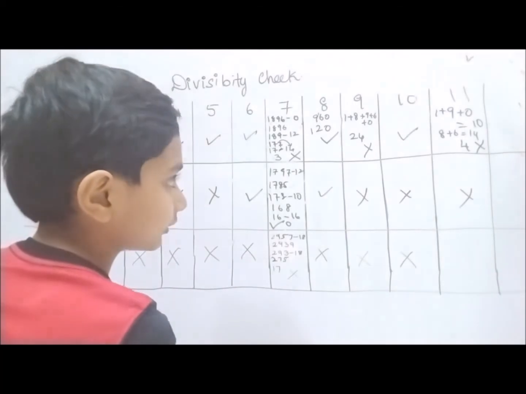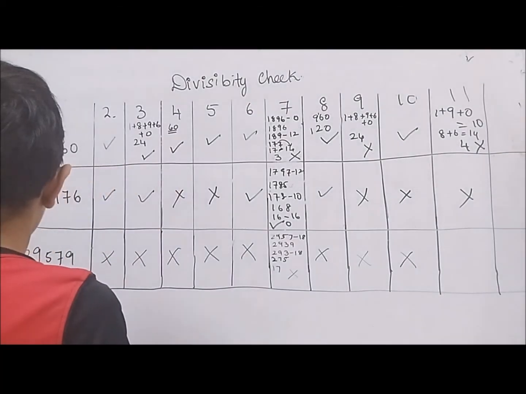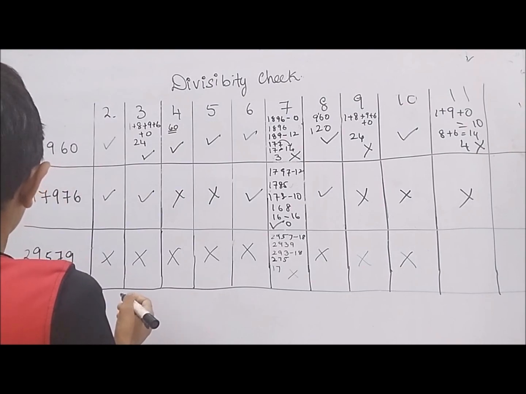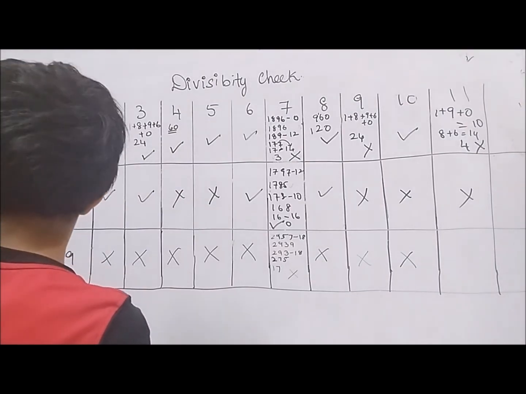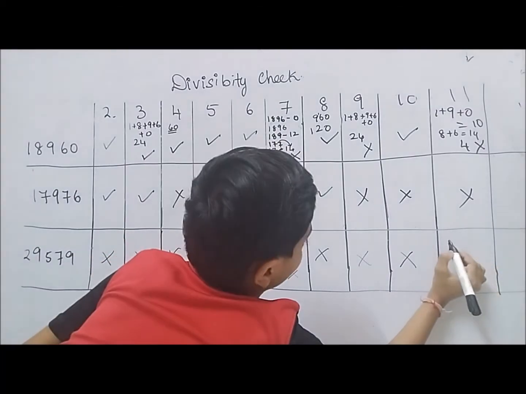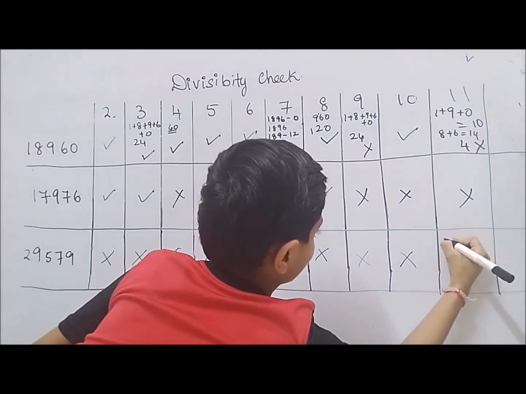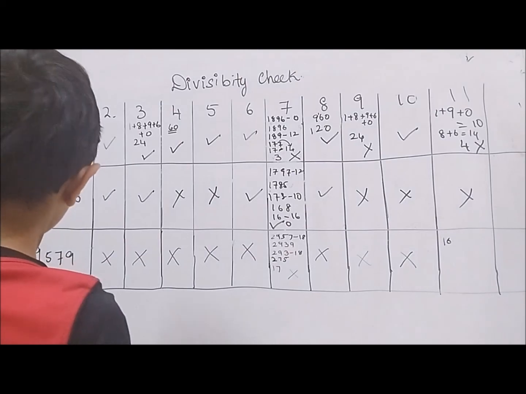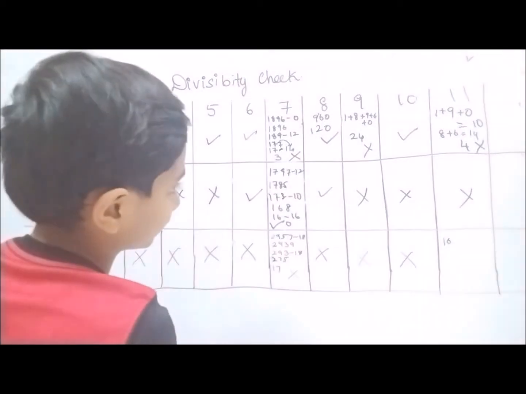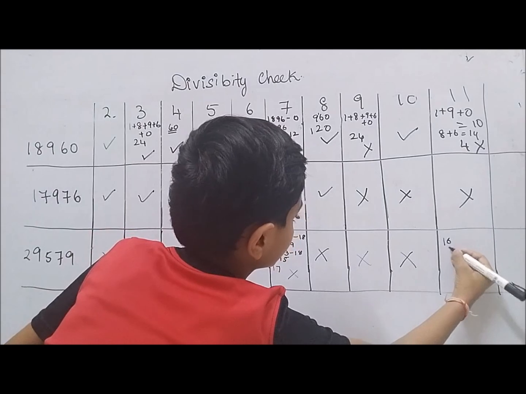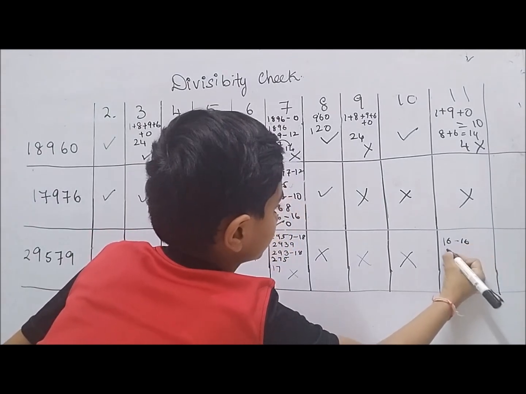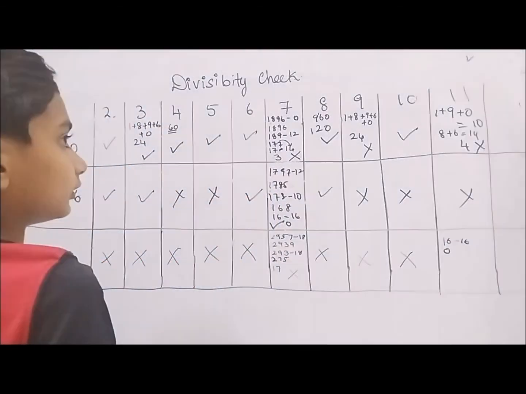So now add 2, 5, 9. 2 plus 5 plus 9 is 16. And what is the even digit sum? 9 plus 7 is 16. So 16 minus 16 is 0. So it is divisible.